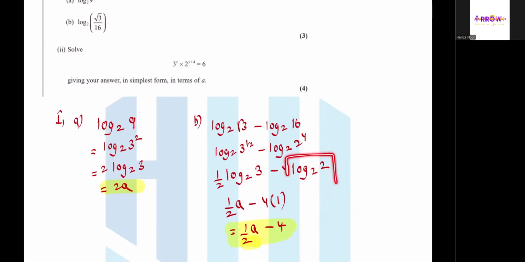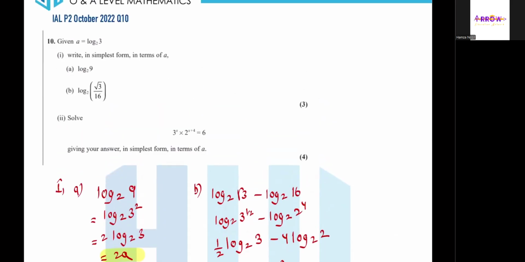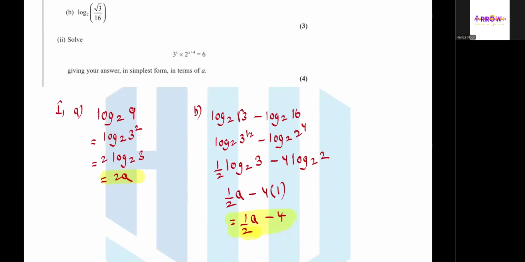So in place of this expression, where base and argument are equal, I can say that this whole thing is exactly equal to 1. In place of log with the base 2 argument 3, we can write a, as per the condition of the question. So this means half a minus 4 times 1, which is half a minus 4. So this was the requirement of part B.